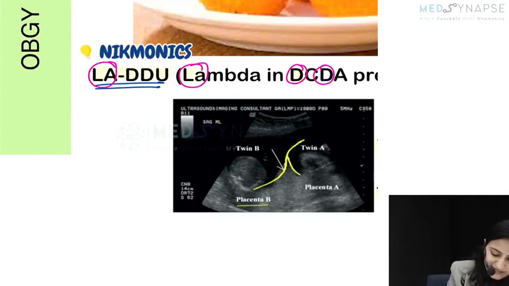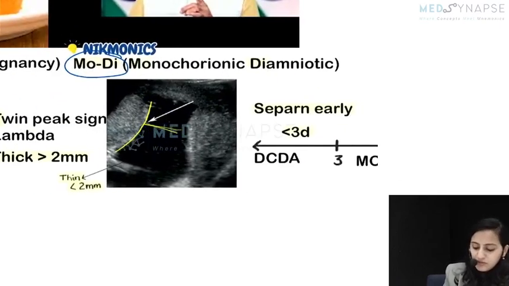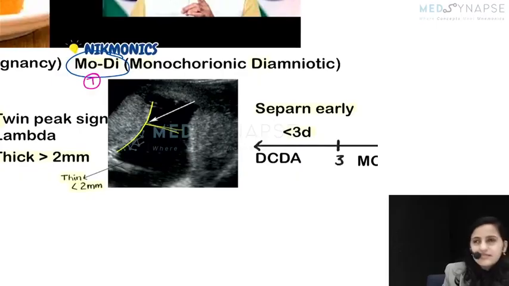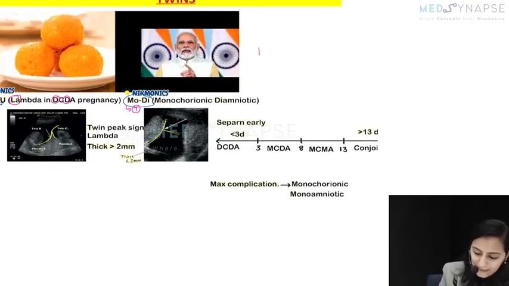Lambda is seen in dichorionic diamniotic. Modi ji, the most famous tea, the most famous chai wala in our country. Remember, Modi is tea. What does Modi stand for?